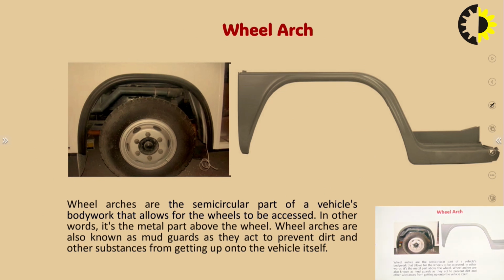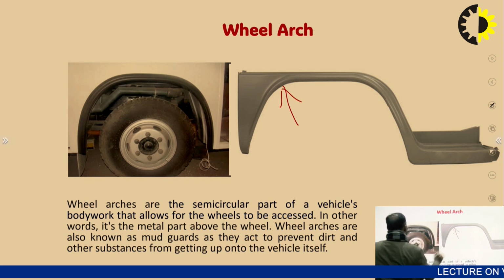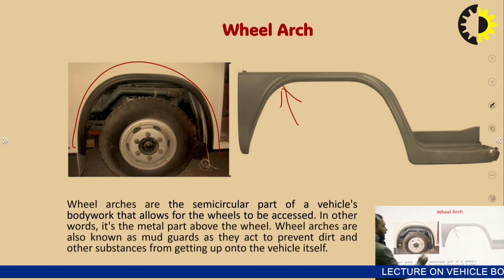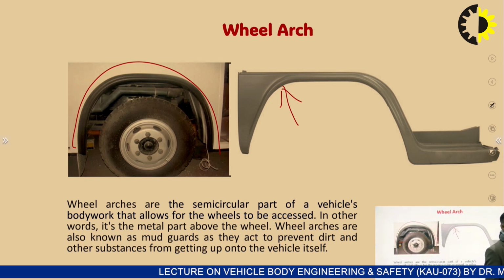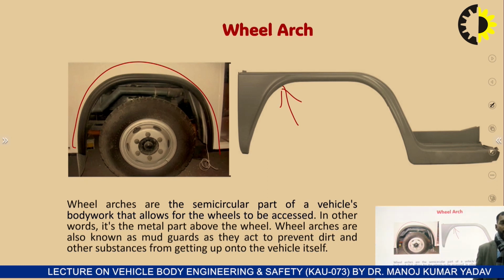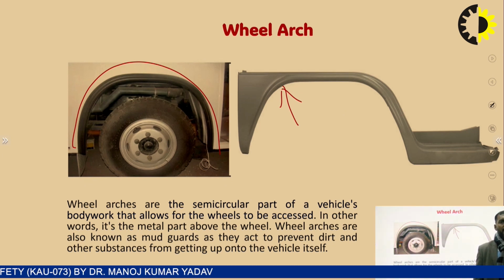So this is the wheel arch. This plastic portion is the wheel arch. It is a semicircular part of a vehicle's bodywork that allows access to the wheel. In other words, it is the part above the wheel. In some cases it is made of metal, plastic, or some reinforcement.